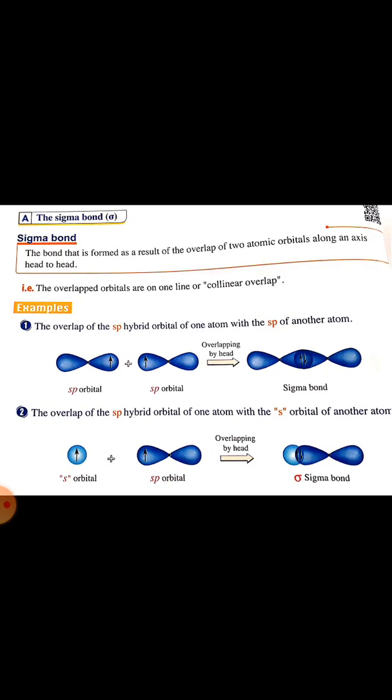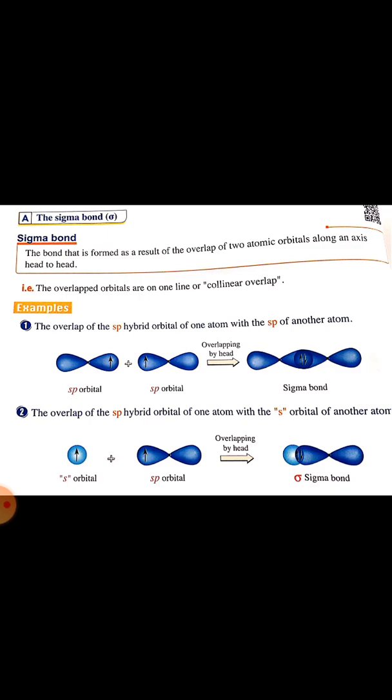In addition, here we have other types of the covalent bond according to the overlapping position. So we have sigma, pi and delta. Okay, let's talk about sigma and pi.